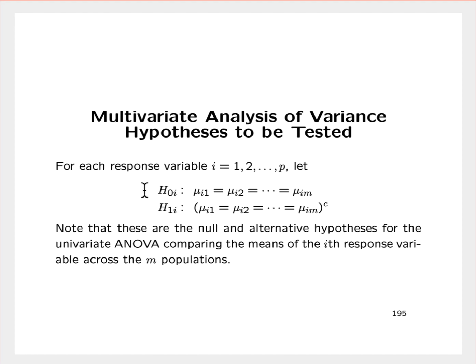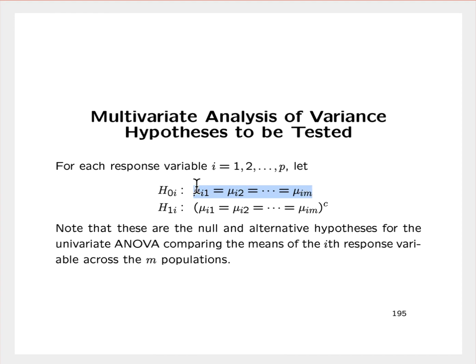Okay, so let's let, for i going from 1 to p, let H sub 0i be the statement that mu sub i1 is equal to mu sub i2 and so forth out to mu sub im. And so what this is saying is that for the ith response variable, the means of that response variable are the same across the m populations.